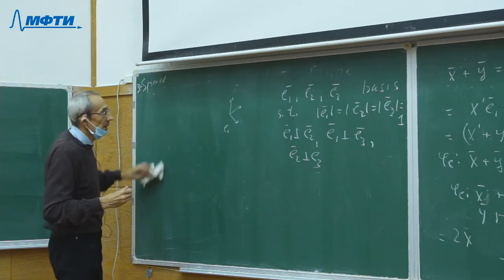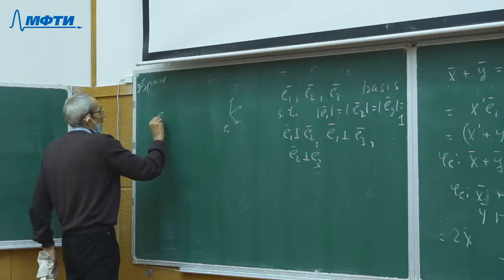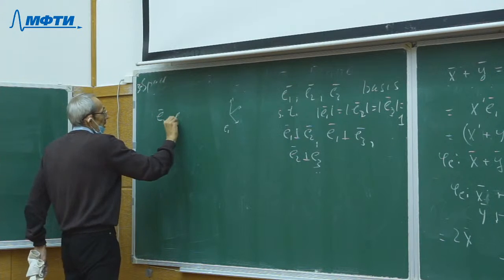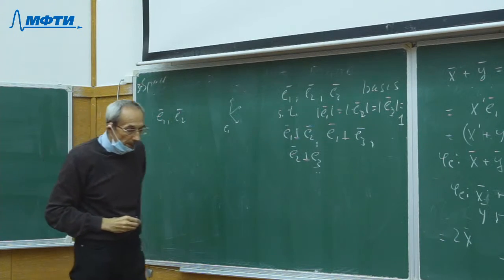In the case of the plane, we have only two such vectors, e1 and e2.